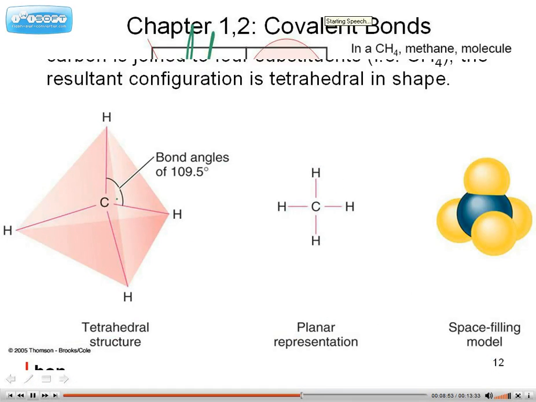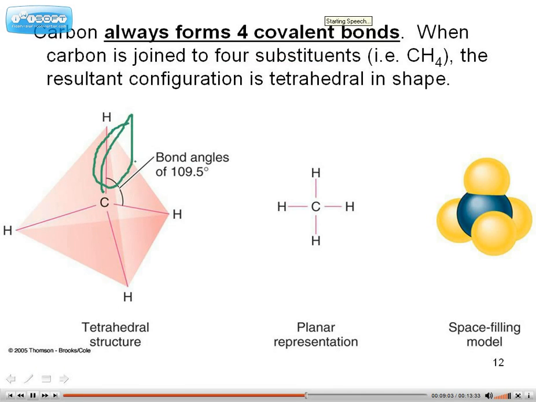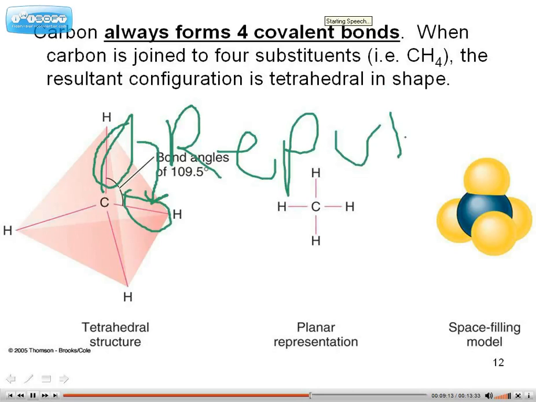It turns out that covalent bonds, using VSEPR theory, the pairs of electrons in a covalent bond repulse other pairs of electrons in a covalent bond. So these repulse each other, R-E-P-U-L-S-E. What this means from a more practical perspective is that it creates these nice spread out bonds.